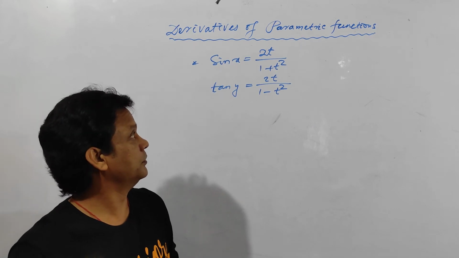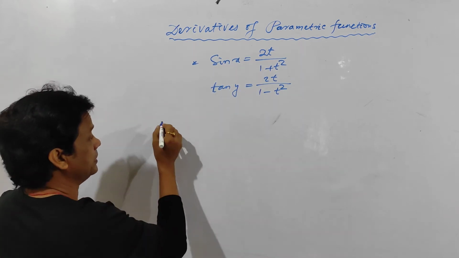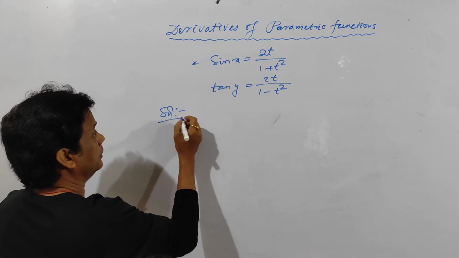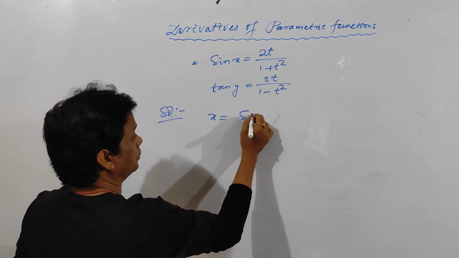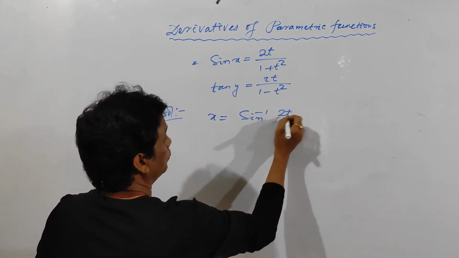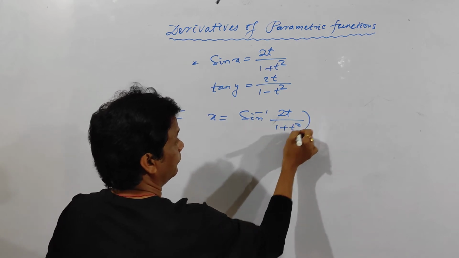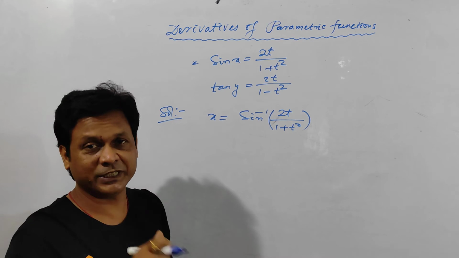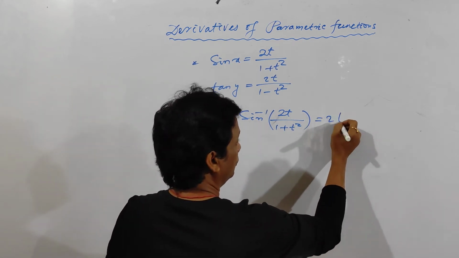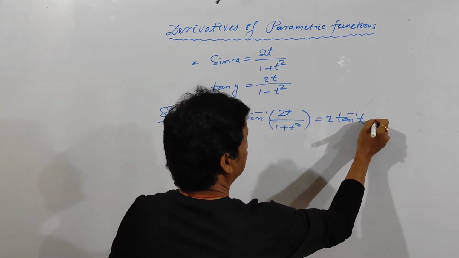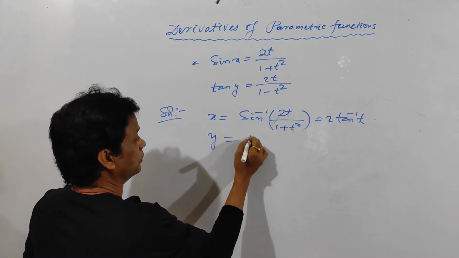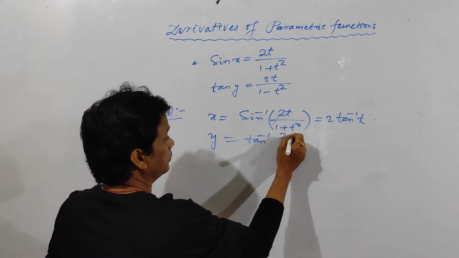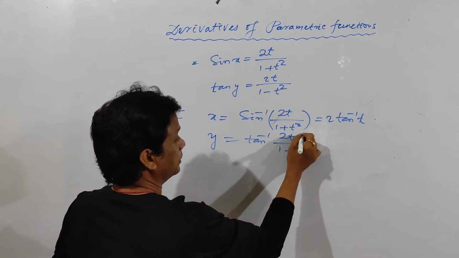See here. This question is very easy actually. Now what is x? x is equal to sin inverse of 2t by 1 plus t square. Now tell me what is the formula of this one? It is 2 tan inverse t. And similarly y is equal to tan inverse of 2t by 1 minus t square.